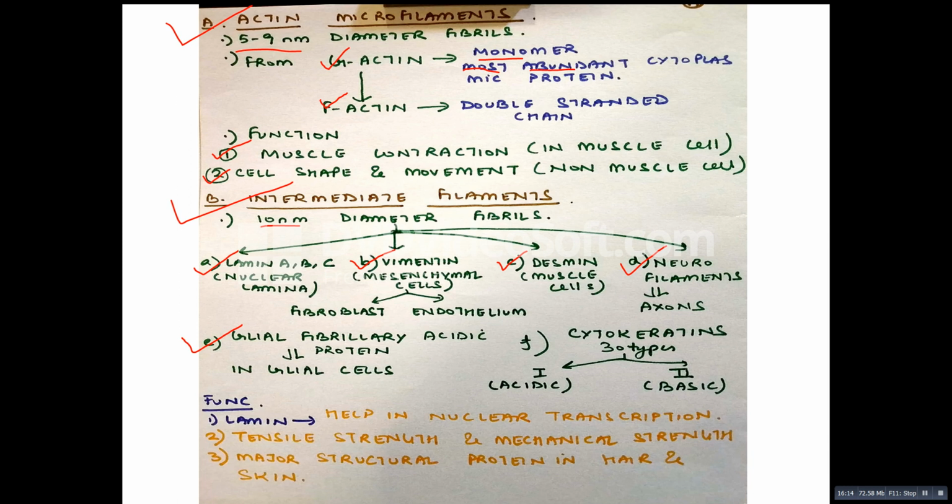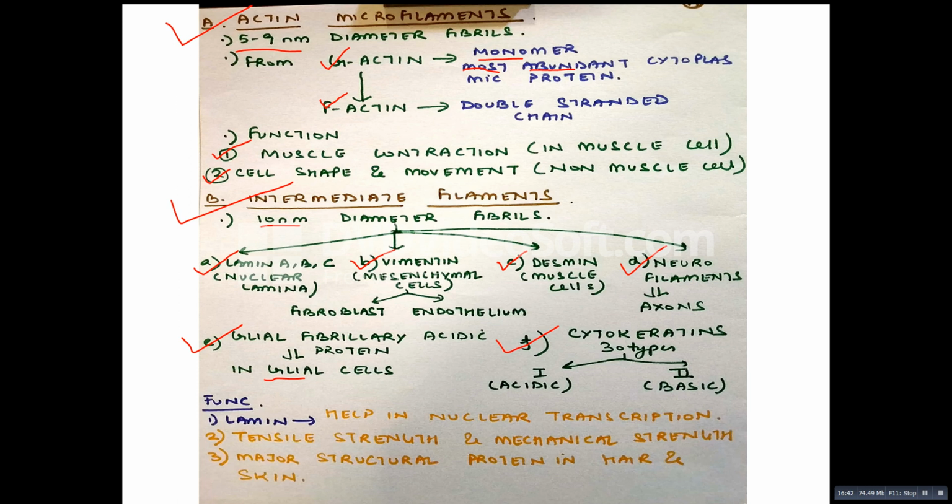And we have cytokeratins. Now there are many types of cytokeratins, and for simplicity they are divided into two main parts, type 1 and type 2. Important is to remember that type 1 cytokeratins are acidic, whereas type 2 cytokeratins are basic. Now what are the functions of the intermediate filaments? As we read about lamin, it plays a role in nuclear transcription.